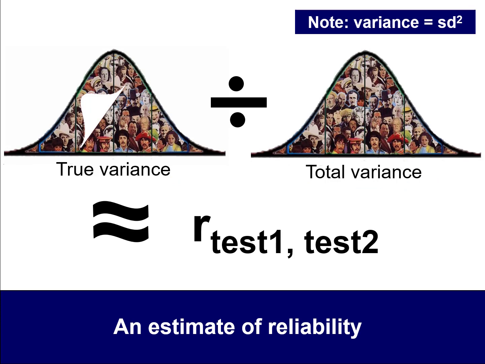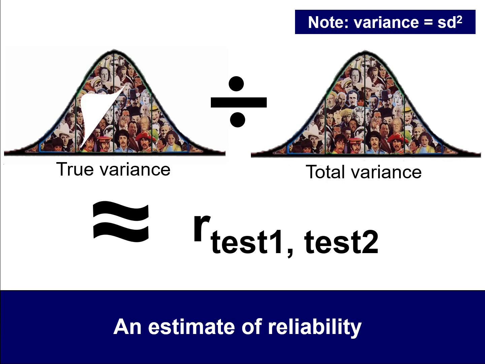Now, as it turns out, we don't actually need to administer that entire infinite pool of all possible items in order to get an estimate of reliability or measurement error. Because if I have just two assessments that are both drawn from that infinite pool of all possible assessments I could give, I could calculate the correlation between those two assessments.